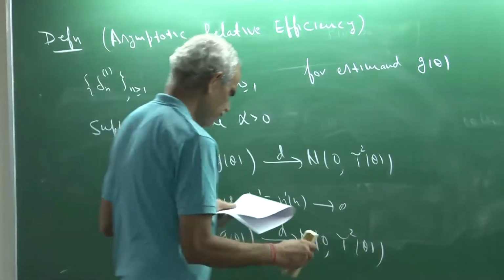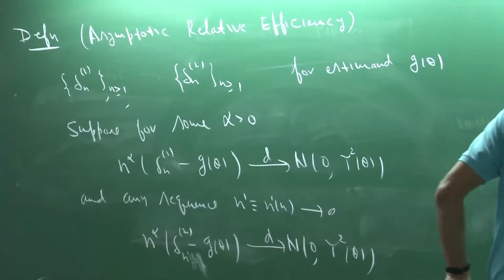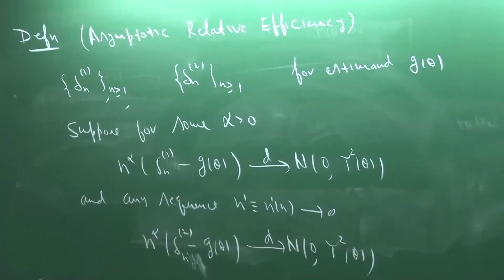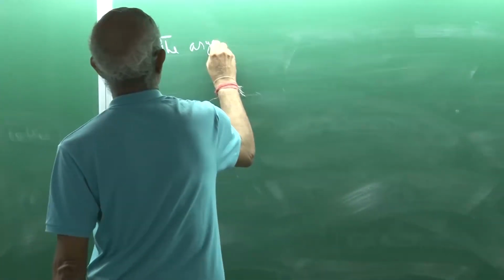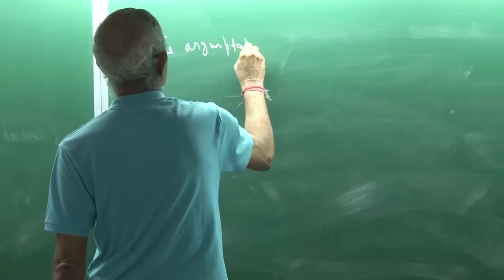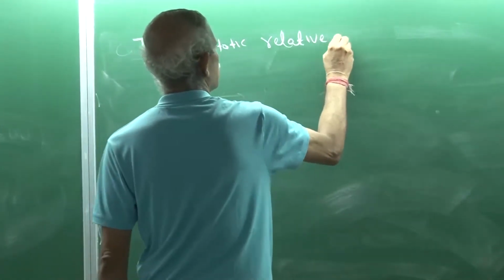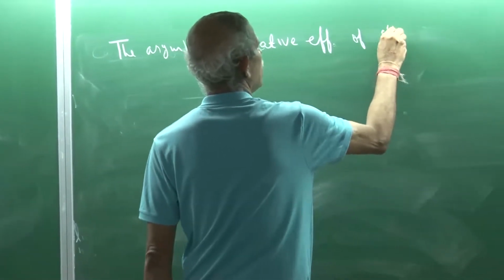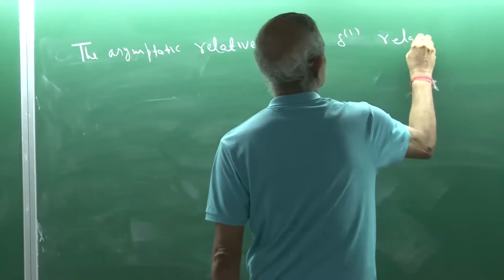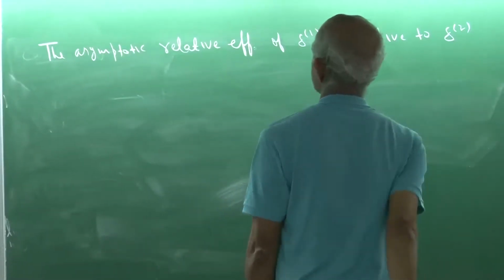So I define the asymptotic relative efficiency of delta 1 relative to delta 2.